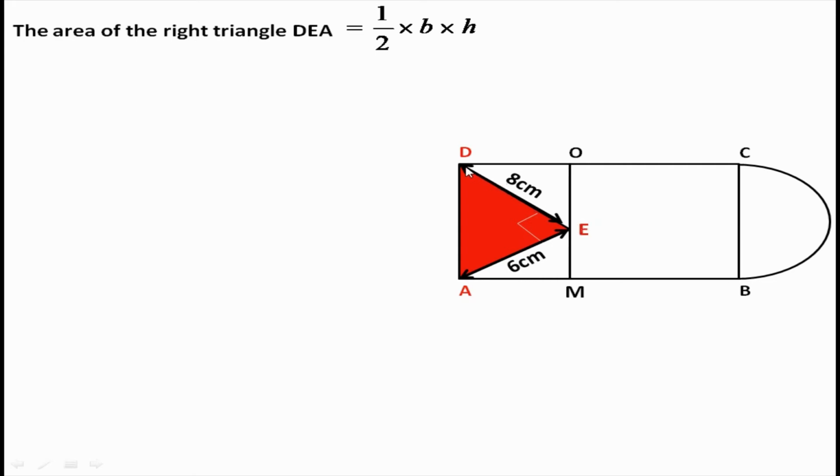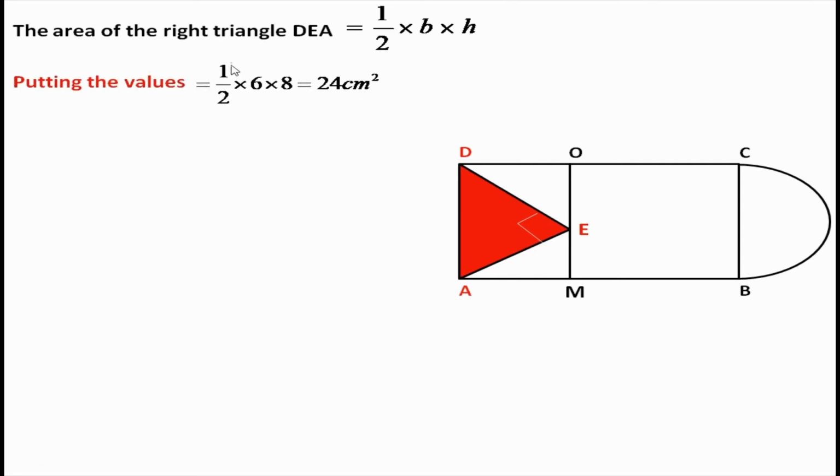Here I can also say that this 8 centimeter is the base and this 6 centimeter is the height. That depends upon my perspective of view. So we have taken this 6 centimeter as the base and 8 centimeter as the height.